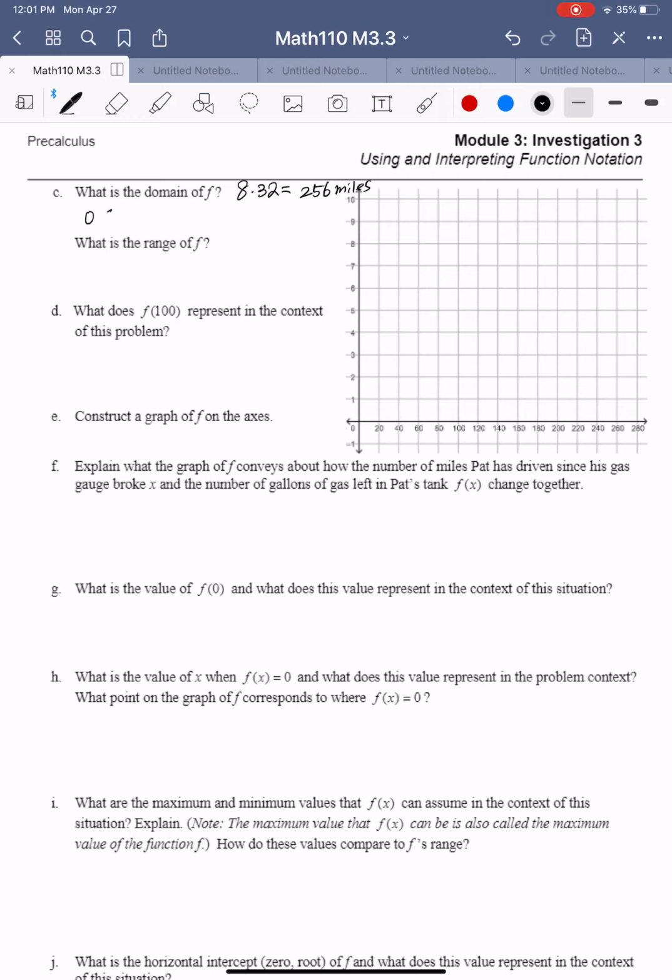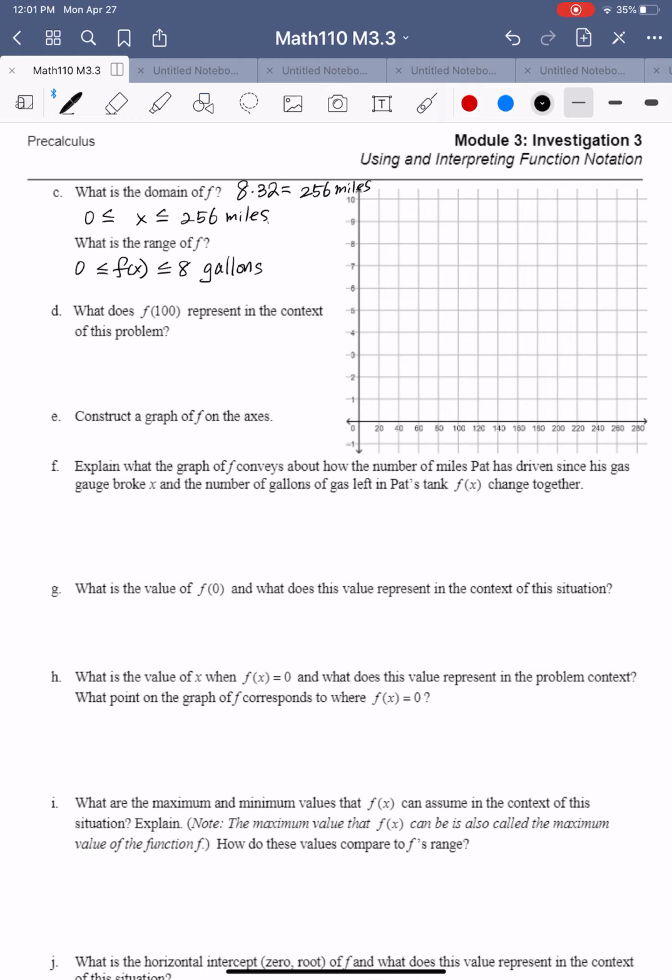So he can go from 0 miles to 256 miles. What is the range? The range is the number of gallons, which goes from 0 gallons to 8 gallons, because that's the only gas left in the car.